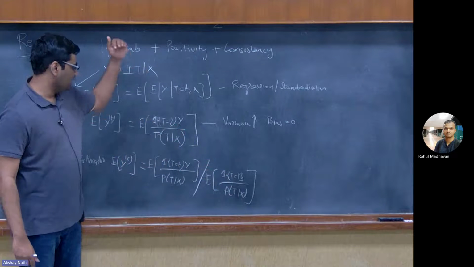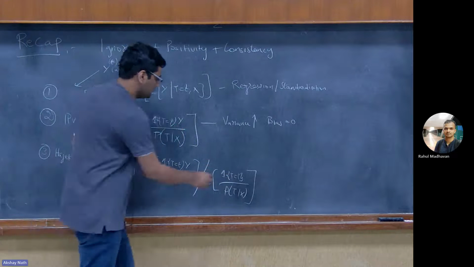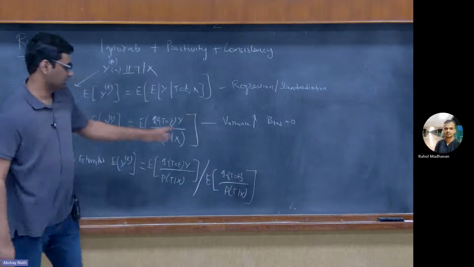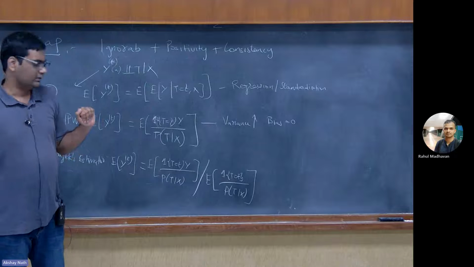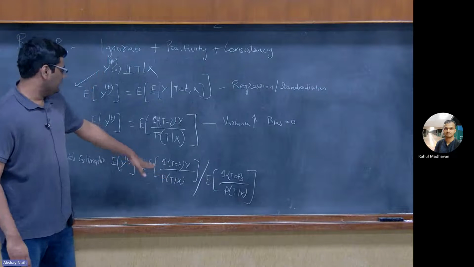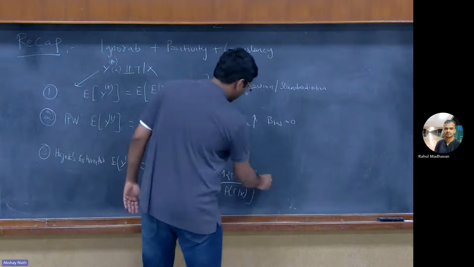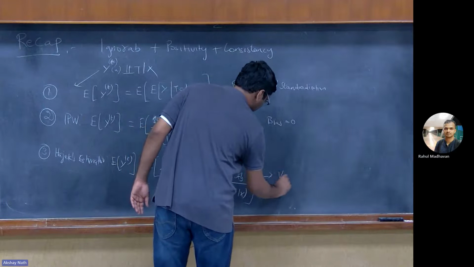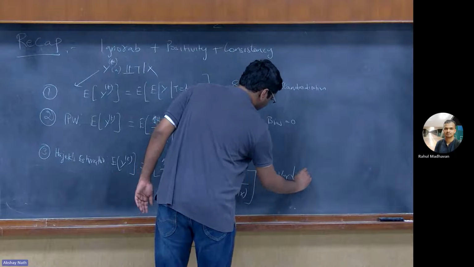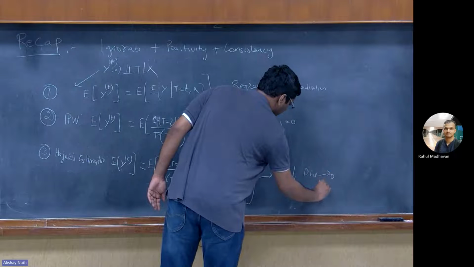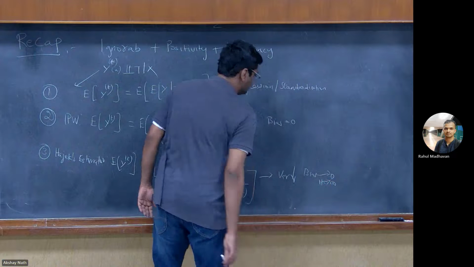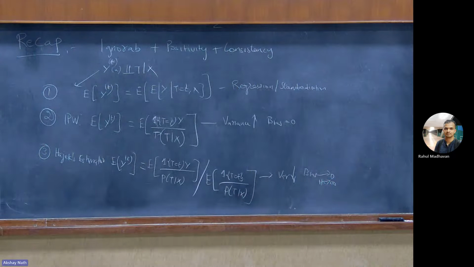So this is just weighing the treatment samples and the control samples by a weight, and it's sort of doing a very simple regression. That's what we saw. And the variance of this estimator is very well controlled. In fact, it's bounded, but bias goes to 0 only asymptotically. This is what we saw.